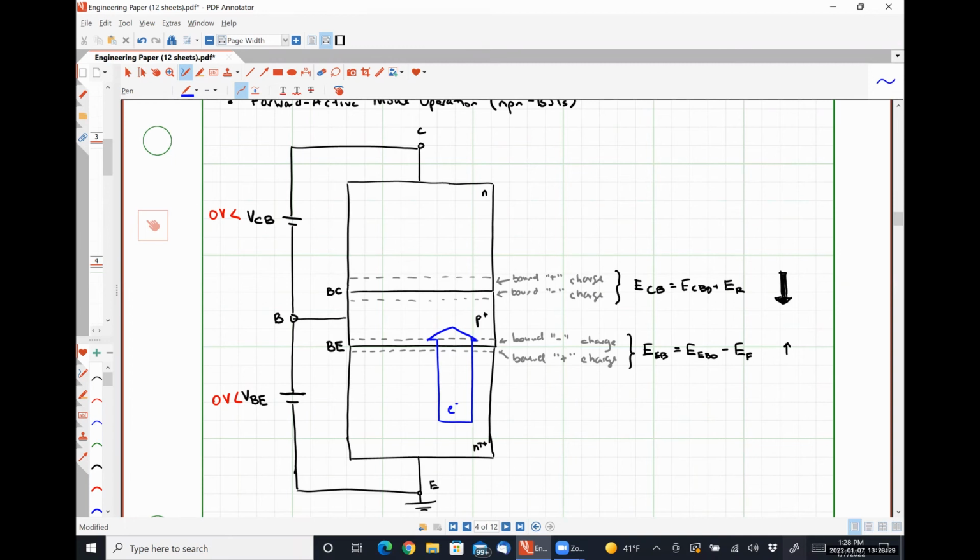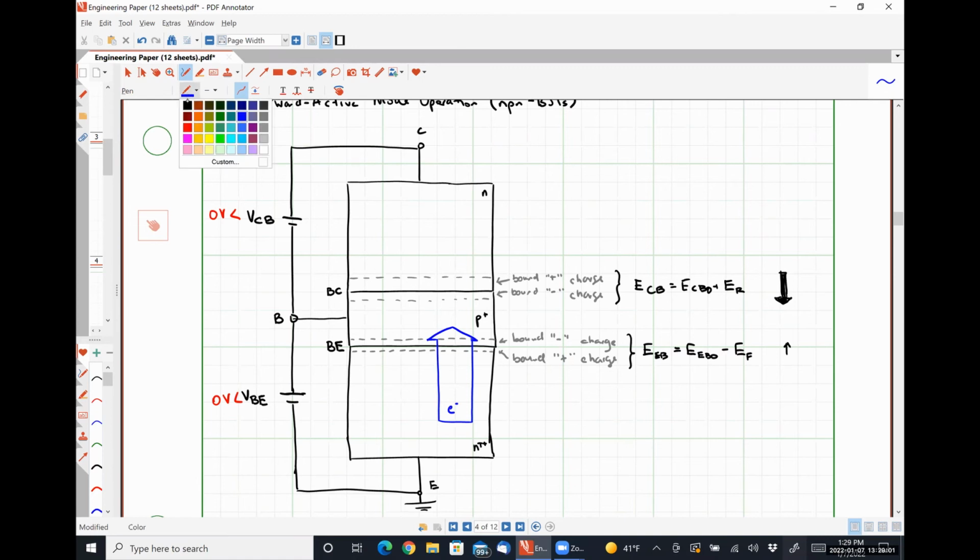They're going to start here in the bulk of the emitter, wind up on the opposite side of the depletion region of the base-emitter junction, and diffuse through this region, which we'll talk about in a moment. So we know how the electrons are behaving. We have electrons coming from the emitter and diffusing across that reduced barrier potential, winding up in the base region.